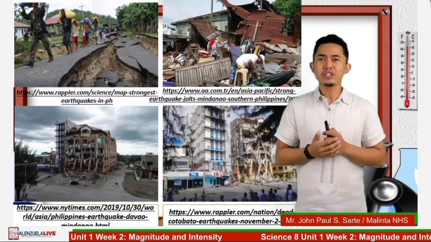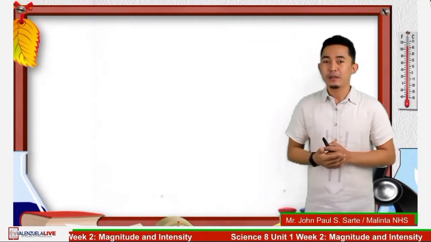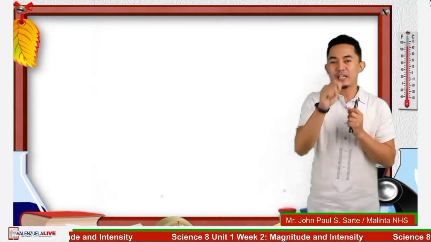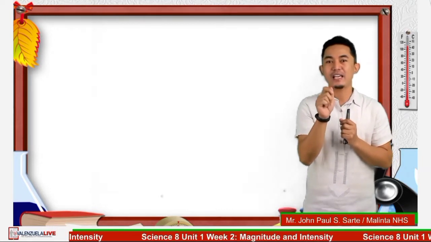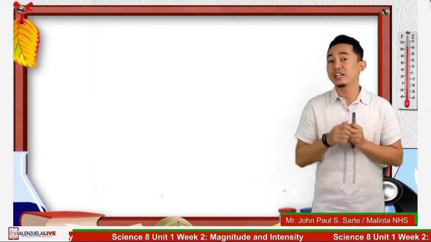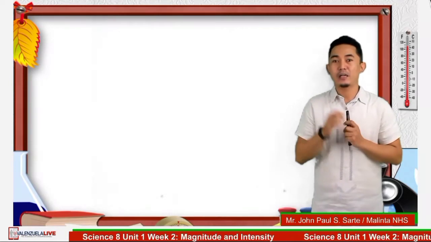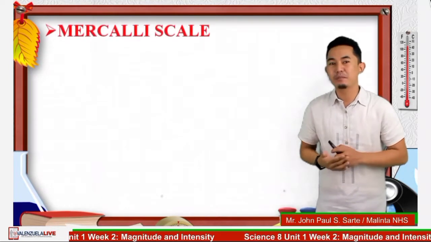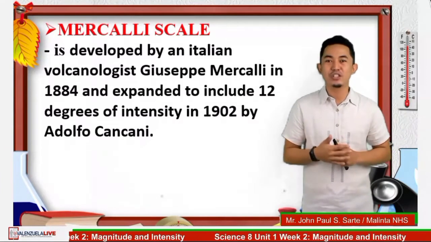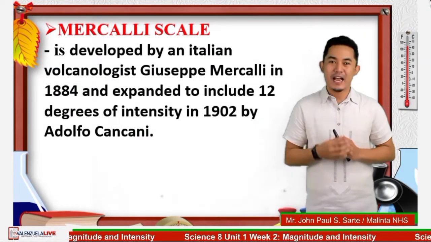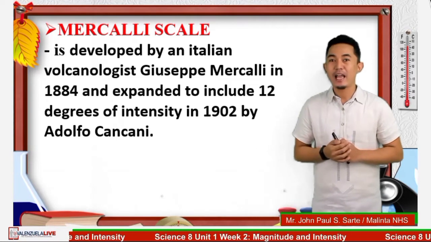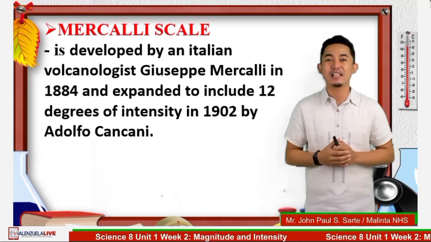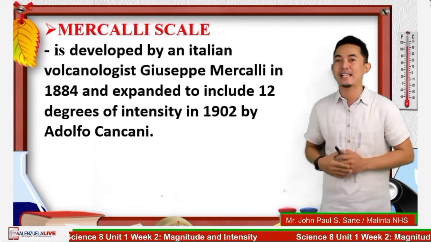Now, if we go back to magnitude a while ago, it is measured by the Richter scale, while for intensity we use the Mercalli scale, which was developed by an Italian volcanologist, Giuseppe Mercalli, in 1884 and expanded to include 12 degrees of intensity in 1902 by Adolfo Cancani.